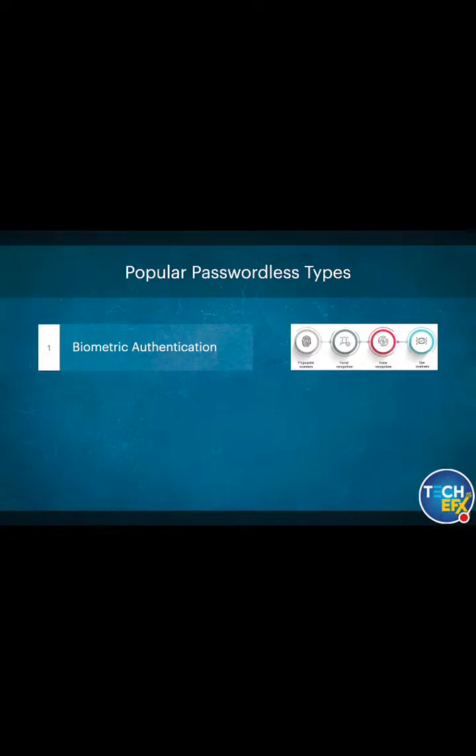This method uses a user's unique physical or behavioral characteristics such as fingerprints, facial recognition, or voice recognition to verify their identity. Biometric authentication is becoming increasingly popular as it is easy to use and difficult to impersonate. For example, Apple's Touch ID and Face ID are the most popular biometric authentication methods on smartphones.